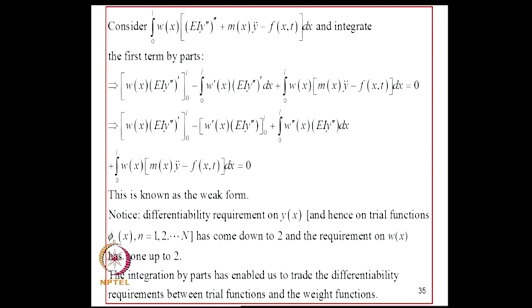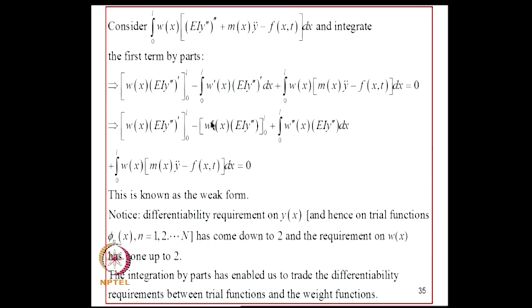So now what we do is we integrate the term by parts. By integrating by parts, the first term is integrated by parts, and the other terms we can retain as they are. So the fourth derivative becomes a third derivative, and here we get the first derivative on the weight function; the other terms remain the same.